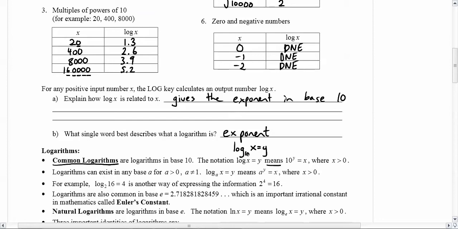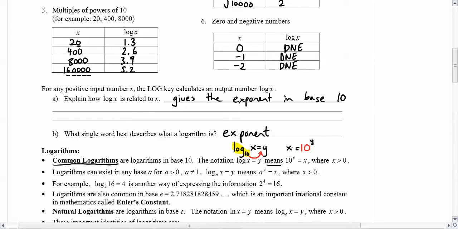So if you have a log on one side of an equation, you can take that log and move it to the other side of the equation by making it the base of an exponent. And it pushes everything else on that side of the equation up into the exponent, leaving the x on the left-hand side by itself.